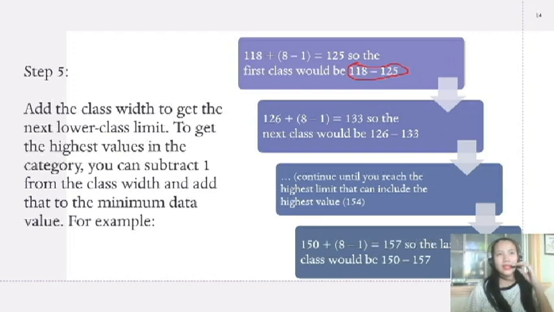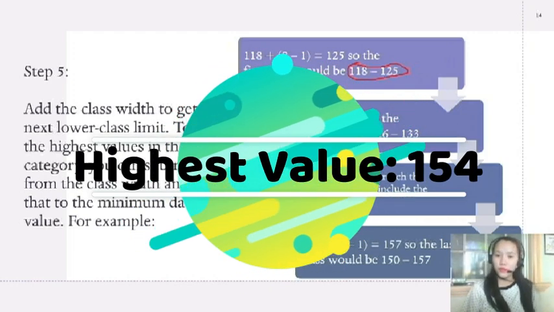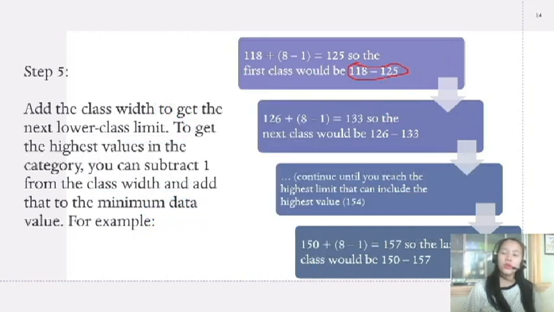So the highest value that we have was 154. You need to count from the lower limit of the previous class until you reach the class that would include the highest value.